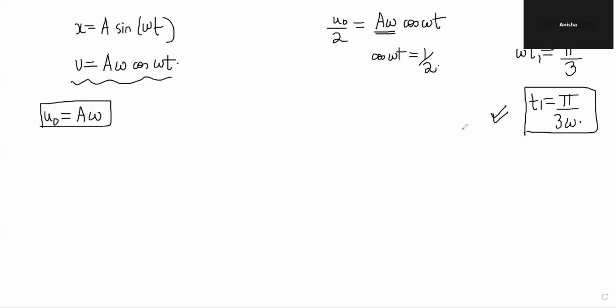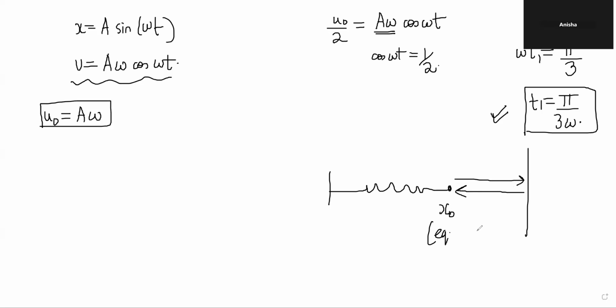So we are going to assume that it is an elastic collision. They have not said anything, it's a rigid wall and all, so we'll assume elastic. If this was equilibrium position x naught, the wall was somewhere here. Whatever time it took to get here, the same time it should take to come back, because we are assuming no energy loss.